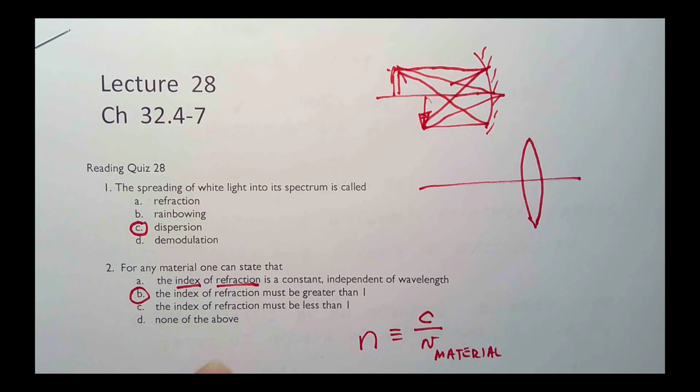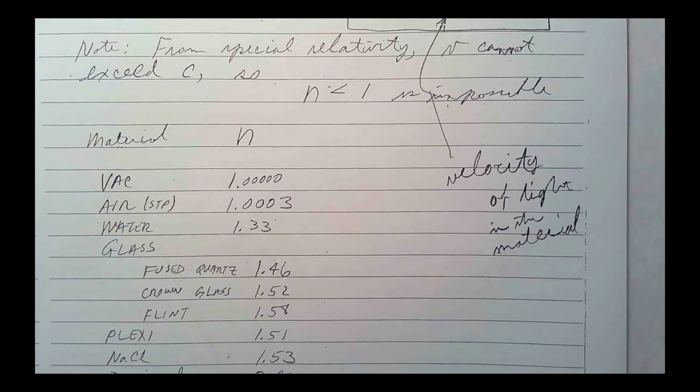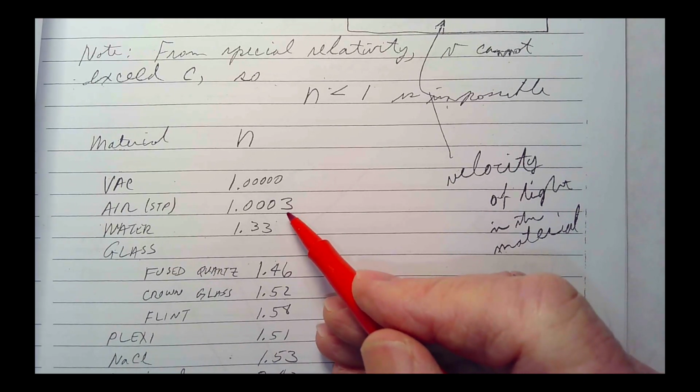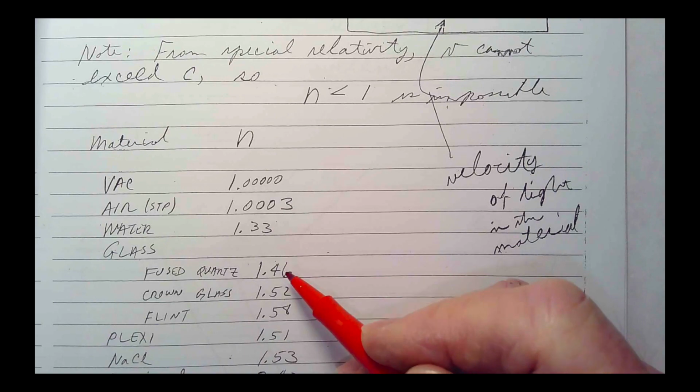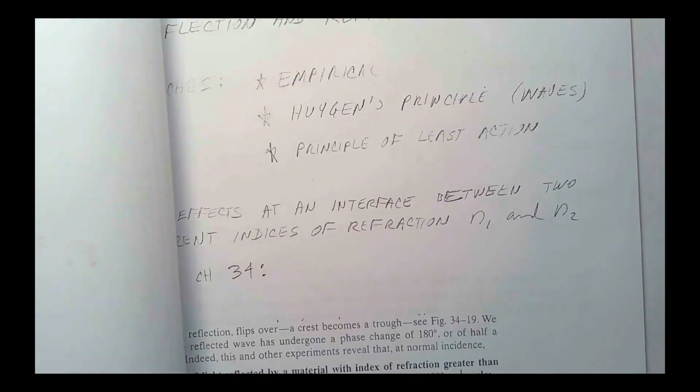Index of refraction can be 1 for a vacuum, but it has to be bigger than 1. And here are typical numbers for the index of refraction for various materials. Here's vacuum. Air at STP is a little bit bigger than vacuum, but water is 1.33, glass is 1.5, and so on.